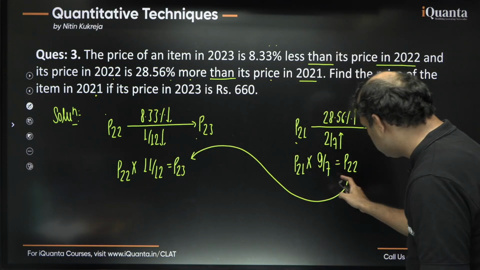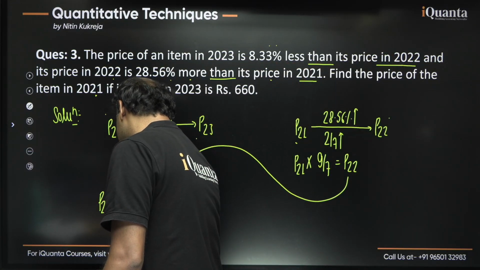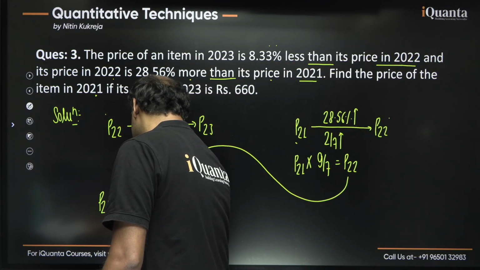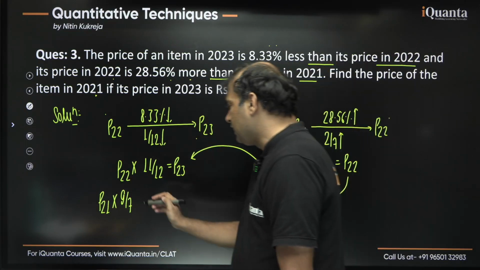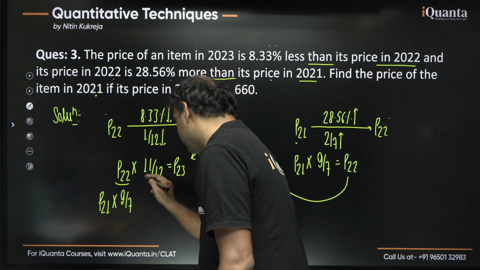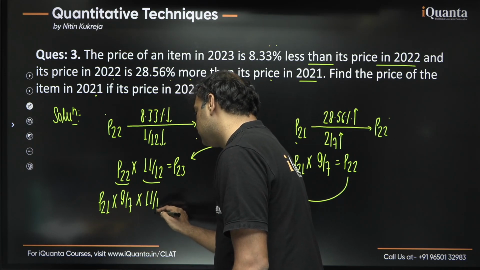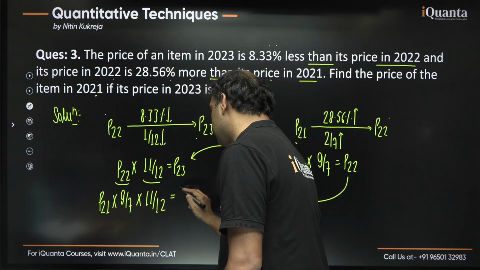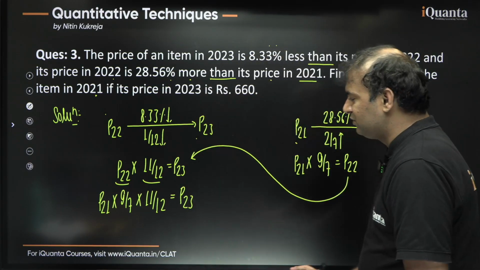So price in 22 here is price in 21 into 9 by 7, right? And we have replaced price in 22 with this, right? But 11 by 12 is still to be written, right? 11 by 12 should be written even after this, and this has to be price in 23. Now, guys, this is going to be solved finally.